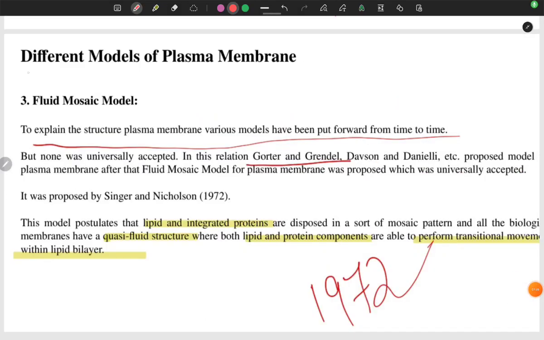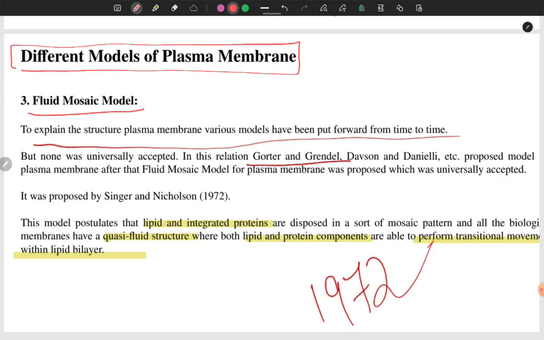The final model, which described the entire plasma membrane, was the fluid mosaic model. To explain the structure of the plasma membrane, various models have been put forward from time to time, but none was universally accepted, such as the first one, the lipid bilayer model, and the lipid-protein model. After these, the fluid mosaic model of the plasma membrane was proposed, which was universally accepted by all.